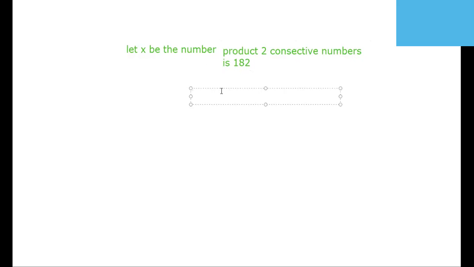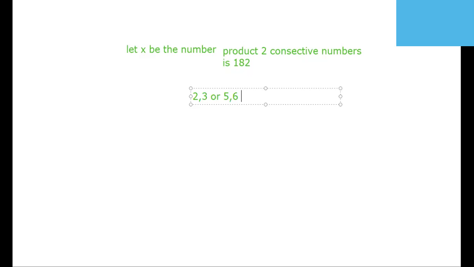We will assume a number. Consecutive means that the numbers will be in a sequence, like 2, 3, or any numbers like 5, 6. These are the numbers which are called consecutive numbers.